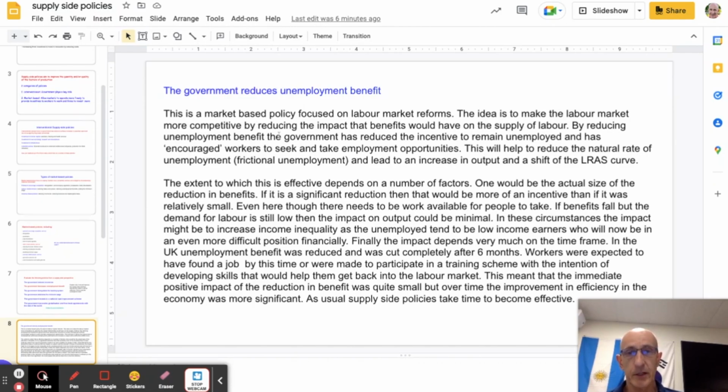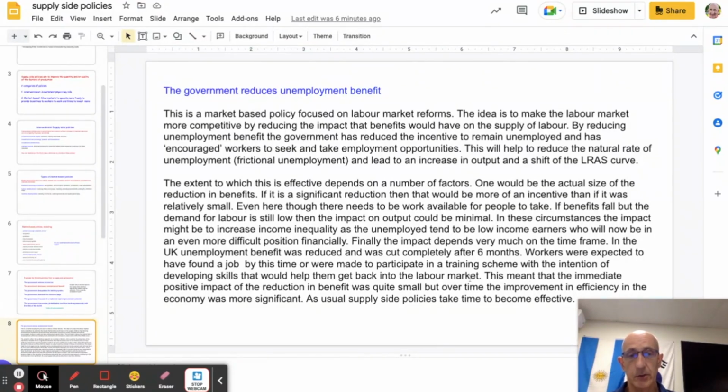It's a labour market. So you wanted to remove all of the elements of that labour market that make it uncompetitive. So getting rid of the unemployment benefit would be one of those factors which will then incentivise people to find work, to no longer remain unemployed, or they'll be working, and particularly perhaps the frictionally unemployed, leading to an increase in output and a shift in the long-run aggregate supply curve.